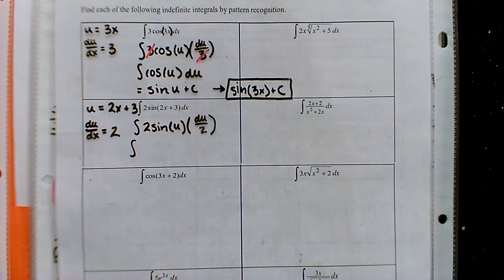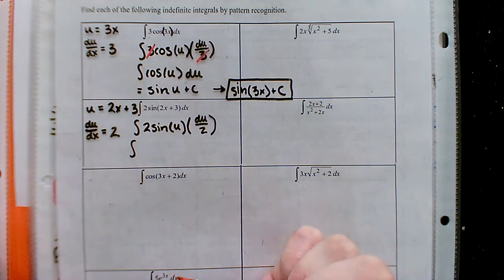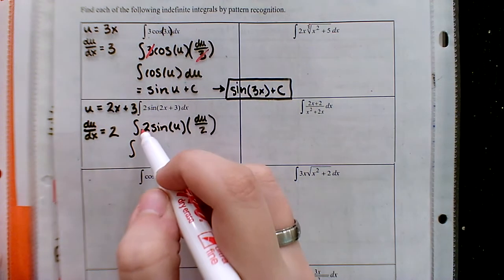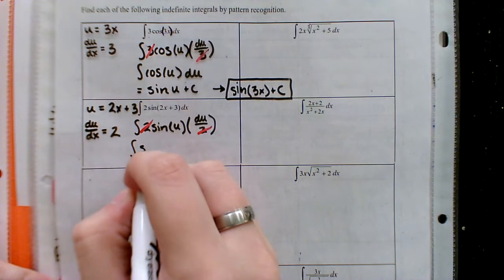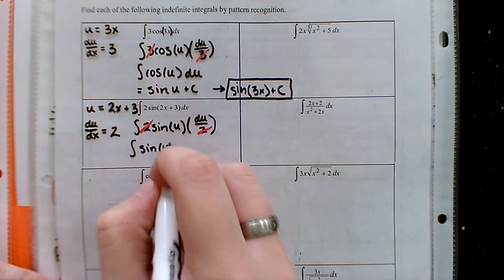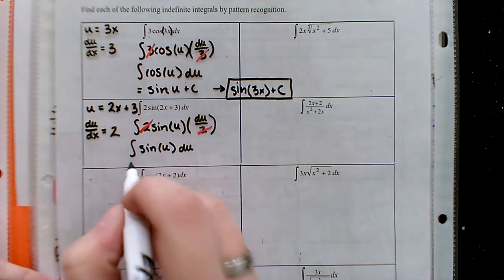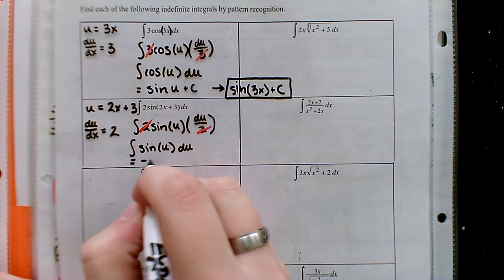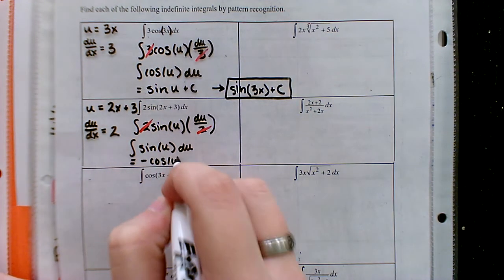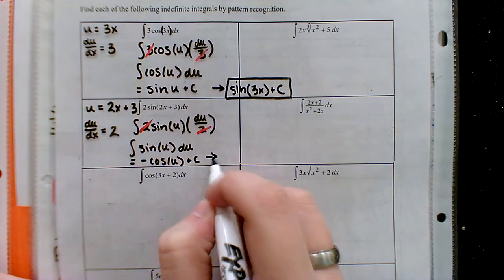All the x's are gone, which is fantastic. And is there anything else we can simplify? Notice how the 2's go away? So can we work backwards from sine? Let's see, this would be negative cosine of u plus c.